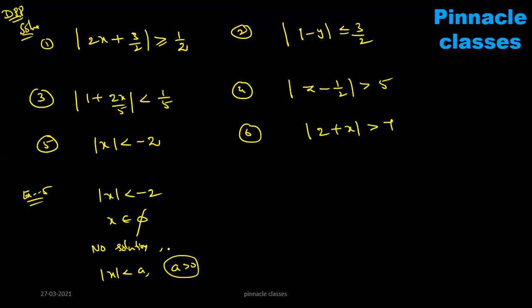Modulus of x is always positive, so it cannot be less than a negative value. Yes. Example 5, no solution. No solution means we can write x belongs to the empty set. So these are the models you can practice whenever you get free time, dear students.